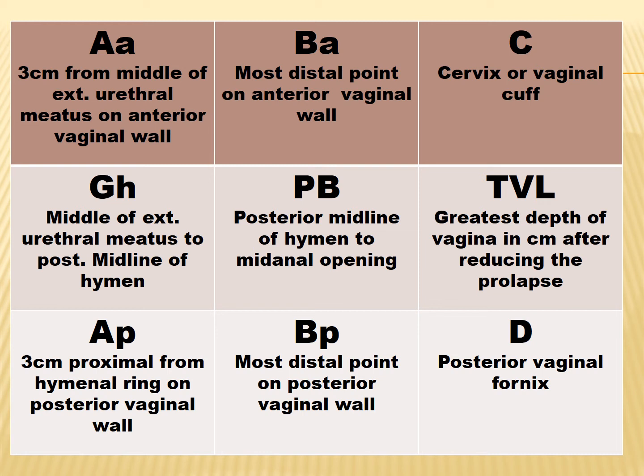That is from the posterior midline of the hymen to the mid-anal opening. In this way you should measure the perineal body. And we all know the total vaginal length, after reducing the prolapse, we measure the posterior vaginal wall length. That is the total vaginal length. Right. So this finishes the description of the 3x3 grid of the POPQ classification. Now let us know in detail about each and every point.